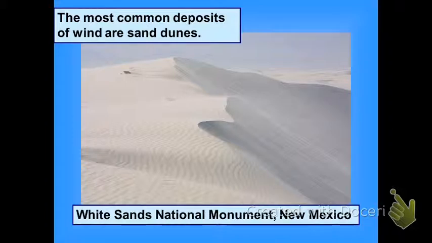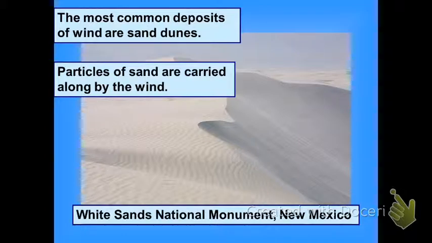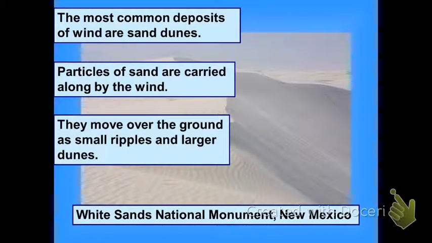We call them dunes. So the wind will take all those sandblast materials, all those small little bitty rocks that the wind can carry, and it'll carry them to a larger location and just drop them there. So they're carried along, they're deposited, and they make ripples. They make dunes. It's like waves in the sand.